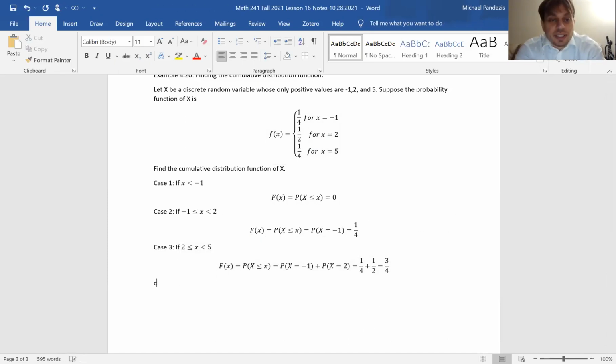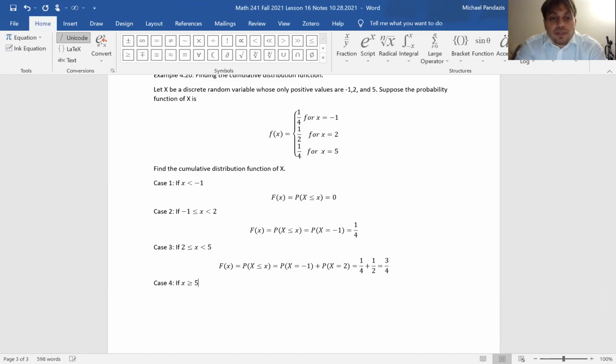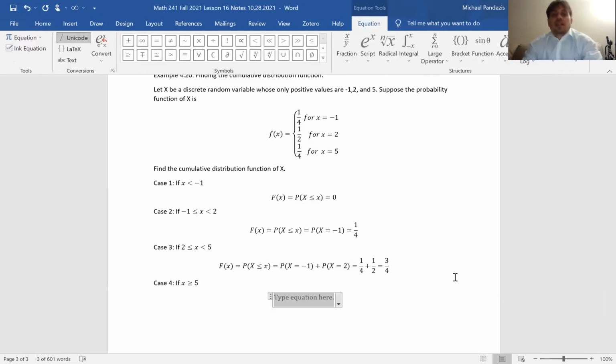And then case four: if x is greater than or equal to 5, then the probability that capital X is at most little x, well, since capital X is at most this value that's greater than or equal to 5, you're going to add all three probabilities.